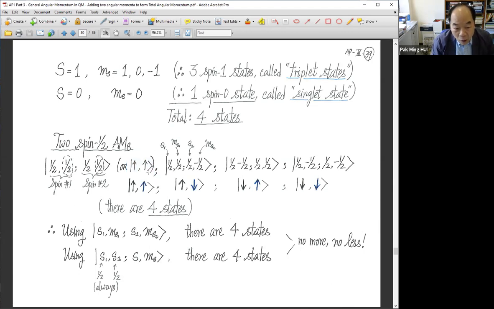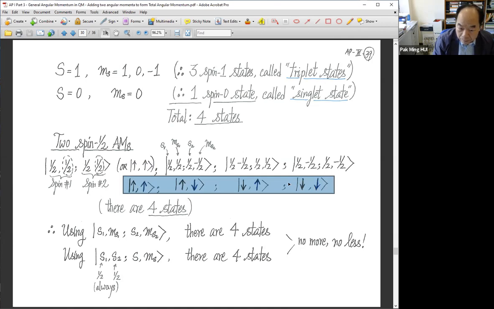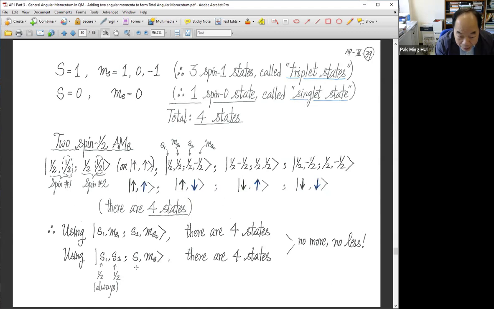All in all, we have 4 possibilities for 2 spins. And now if we label it by the total S, we have 1, 0, and then under 1 we have 3 values, under 0 we have another 1 value, and altogether 4 states. No more, no less.